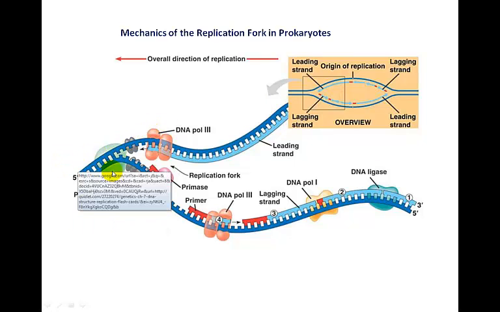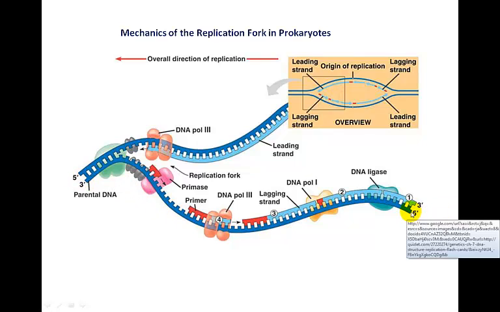So if this is the 5' end, and this is the 3' end, the complementary strand is 5' to 3'. On this particular DNA strand, if this is the 3', this is the 5', this is the 3' end, we need to polymerize towards the opening replication fork, but we can't do that directly.